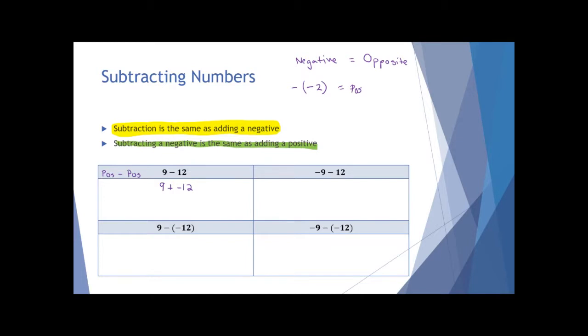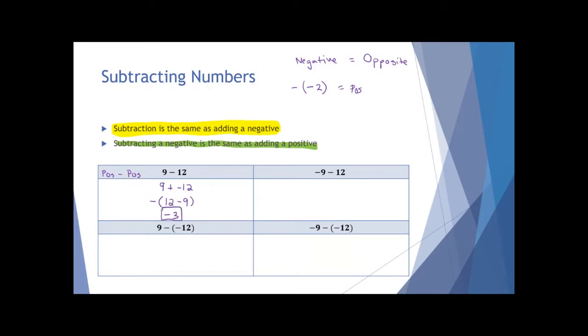So now I'm adding, I have a positive and a negative I'm adding together. And because 12 is bigger than 9, and 12 is negative, my answer will be negative. So I'm going to have a negative, and then you're really doing 12 minus 9. So 12 minus 9 is 3. So your answer here is negative 3.